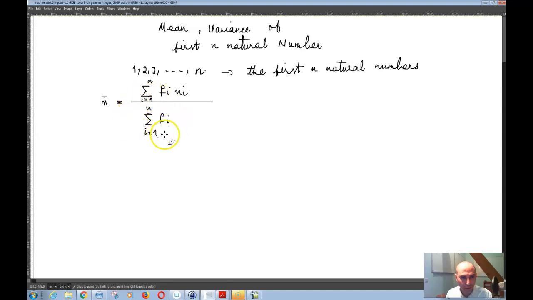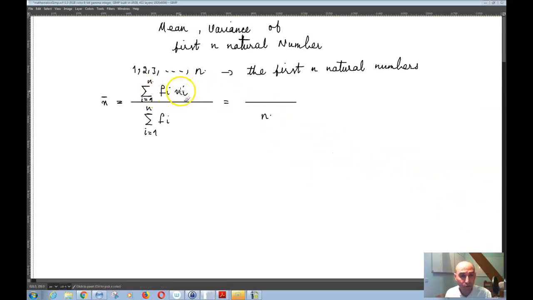So this is only the number of those numbers. You can call this n or whatever you want. In some parts of the book it's written as capital N, but that's the same thing.